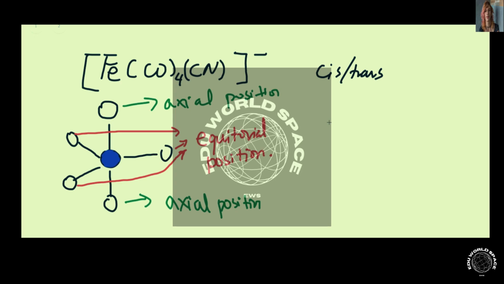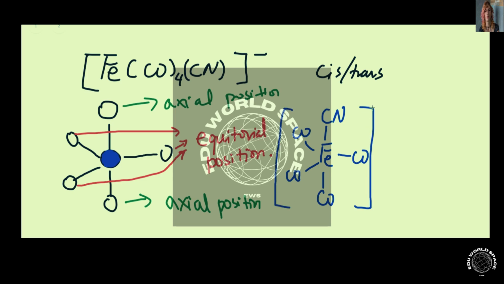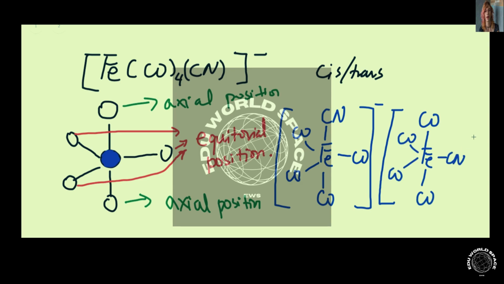So one of the isomers, we can write it this way, CN, Fe, CO, CO, CO, CO. Or we can write it this way, CO, Fe, CO, CO, CO, with the cyanide at the equatorial position. Alright, so these are the two possible isomers for the newly formed complex.